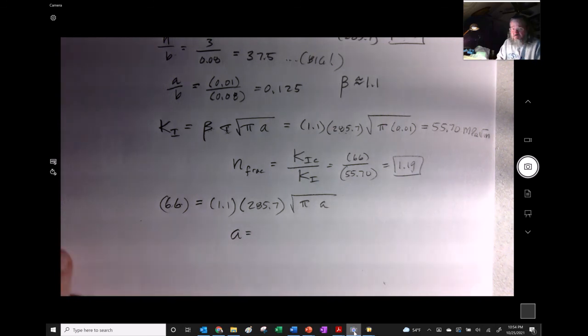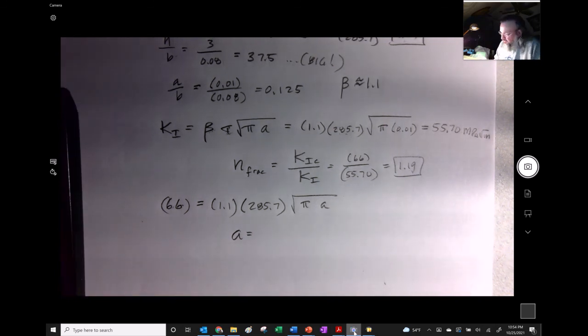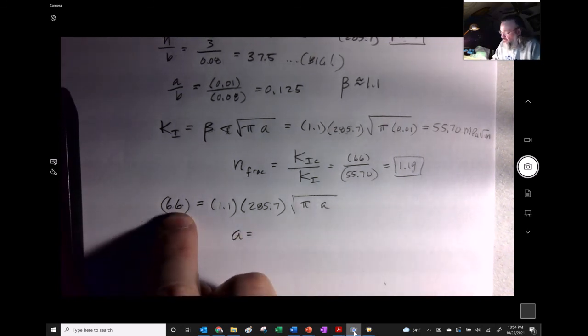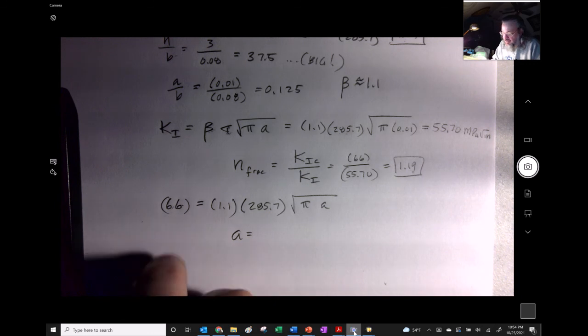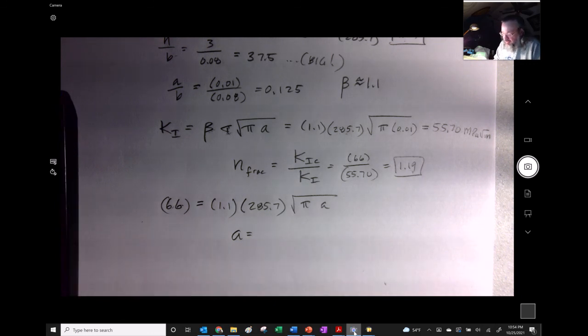So I would say that we have, is that true? Yeah, I think that's going to be fun. So we take 66, divide by 1.1, right? That's easy enough. And then 285.7, and we've divided through.